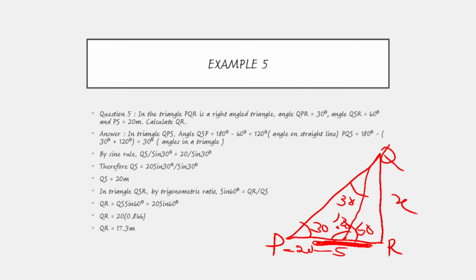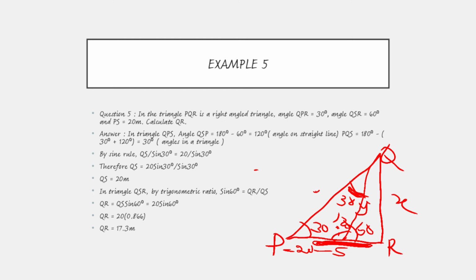Then you can use sine rule for this place and this place. We have 20 facing angle 30 here, and this place is facing this 20 here. You can use either one, anyone you choose. If we use this place, we are looking for it as y.